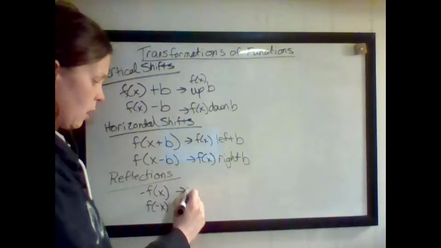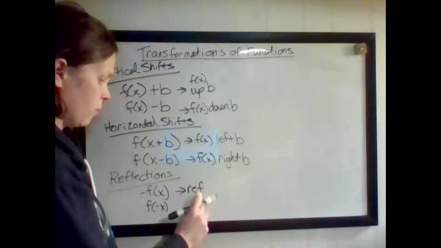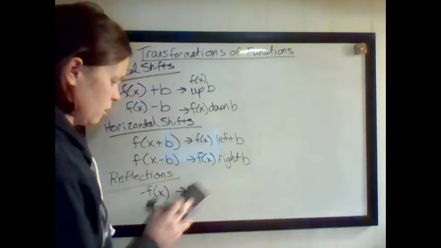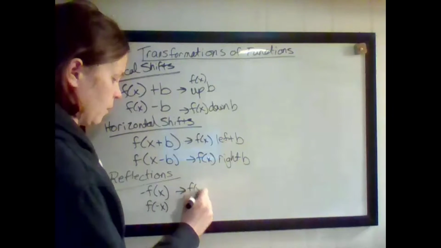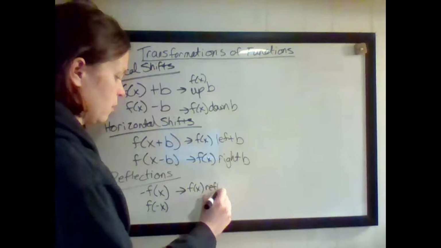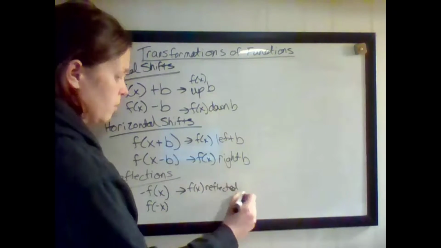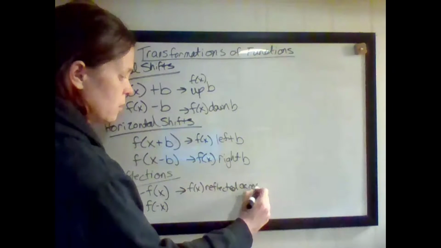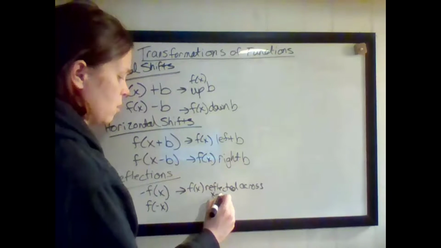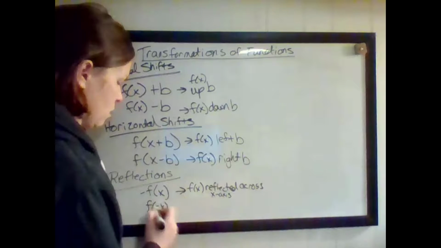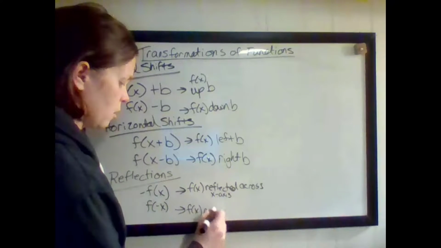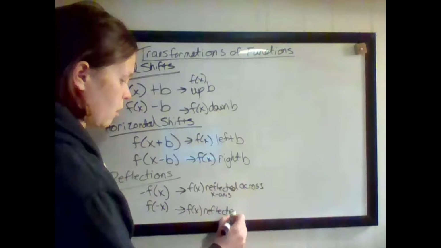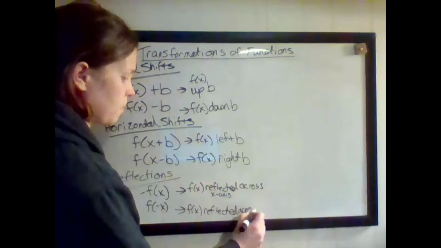If it's on the outside, then the original graph, f of x, is reflected across the x-axis. And if there's a negative on the inside, f of x is reflected across the y-axis.